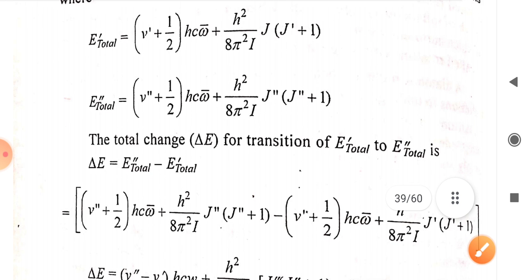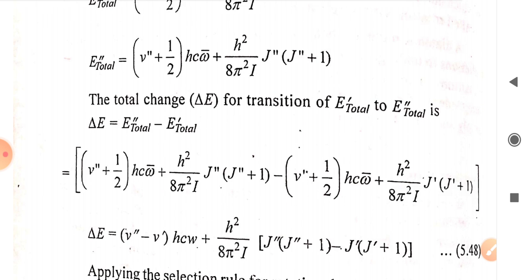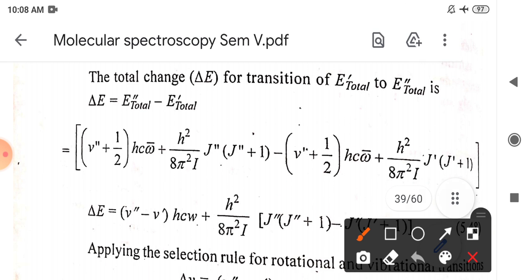We have simply substituted the lower and higher energy values. To find the total energy change, delta E, we subtract the lower energy from the higher energy, that is delta E equals E double dash minus E dash.